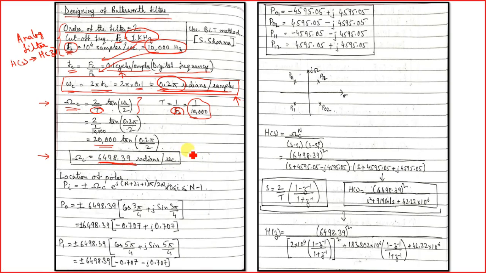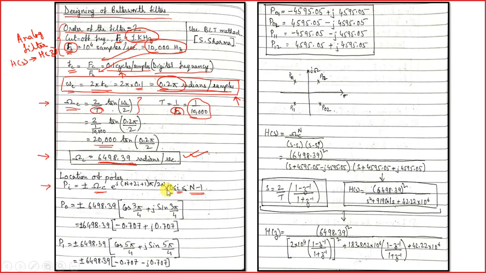Now once you have got this, you have to calculate the locations of the poles. How can the locations of the poles be derived? It is derived from this equation: P_i equals plus or minus omega c e to the power j (N plus 2i plus 1) pi divided by 2N, and i will vary from 0 to N minus 1.